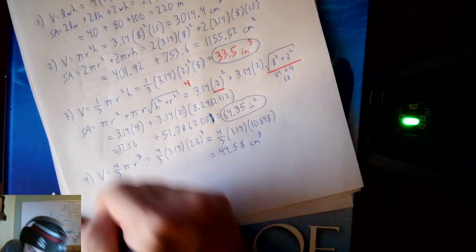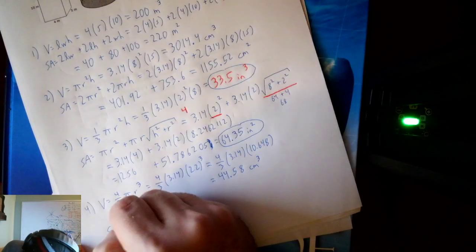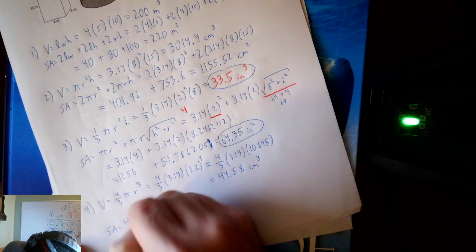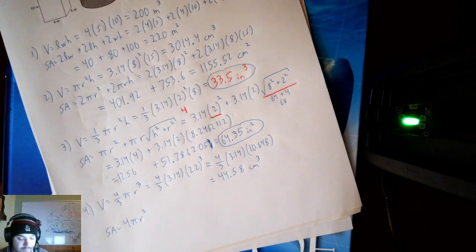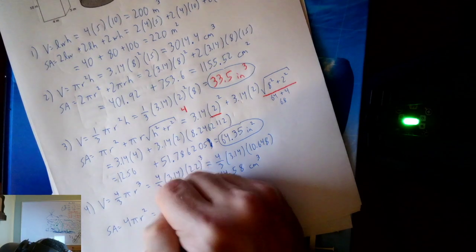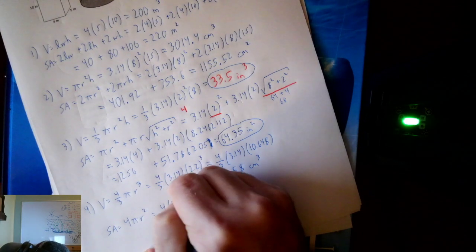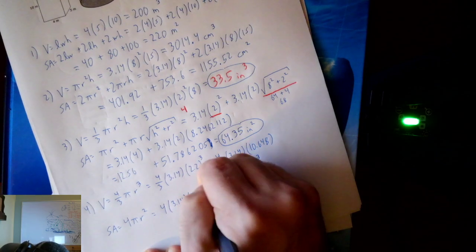Now, the last one we need to do is the surface area of the sphere, and that formula is 4 pi r squared. Surface area of a sphere is 4 pi r squared. Let's plug in. 4 times pi is 3.14 times r, which is 2.2 squared.